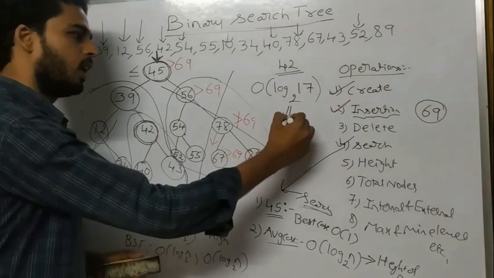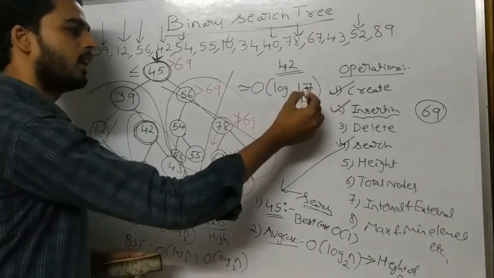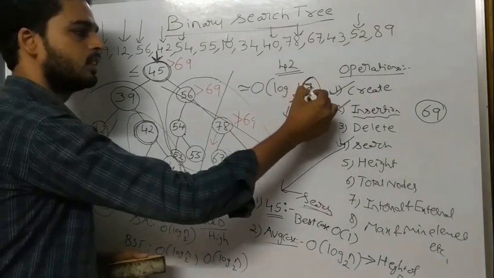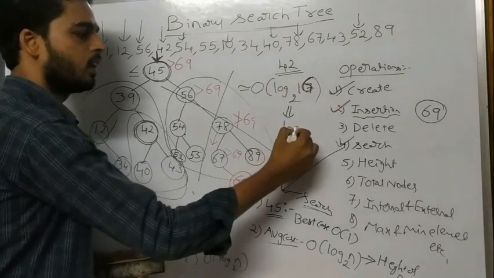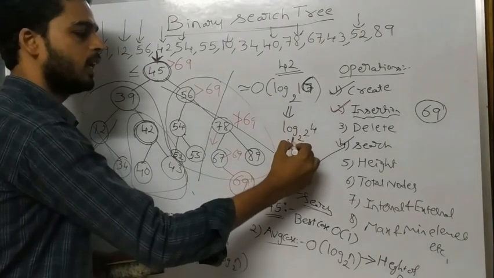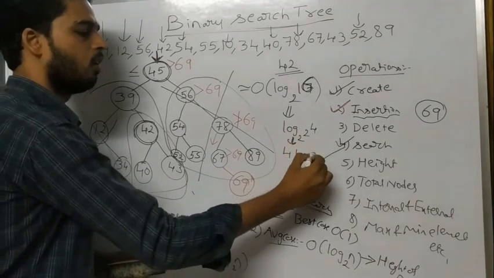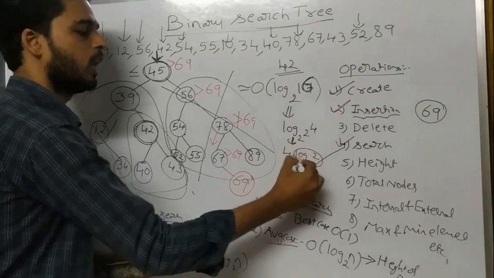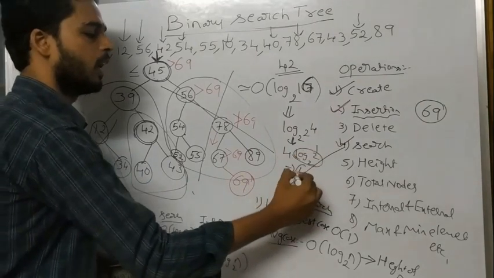So approximately I can write this as 16, right? 16 I can write as 2 power 4, so log 2 power 4 base 2. So I can write this as 4 times log 2 base 2, and this value is 1. So I will get the value 4.